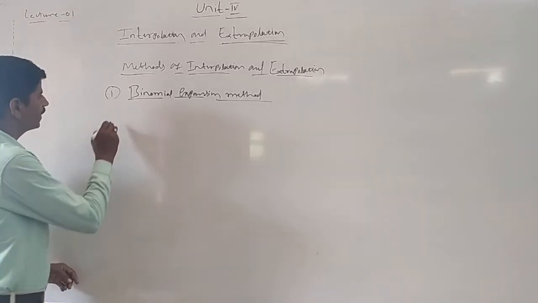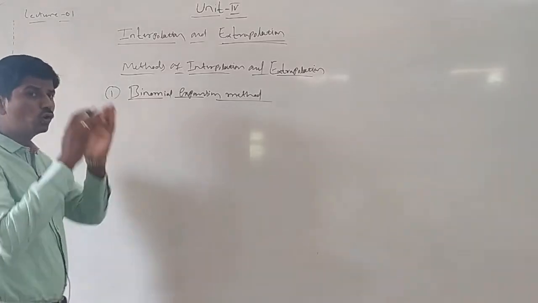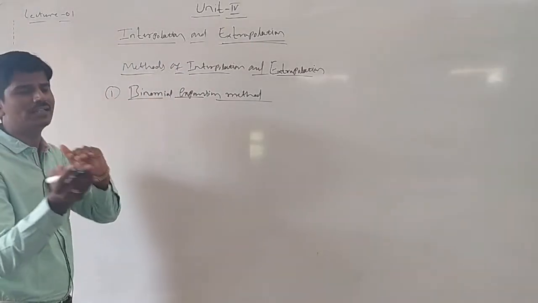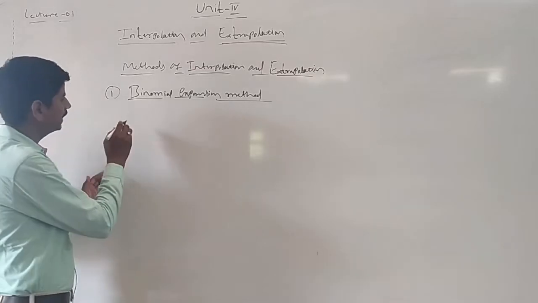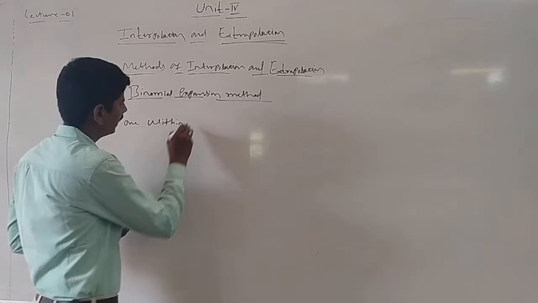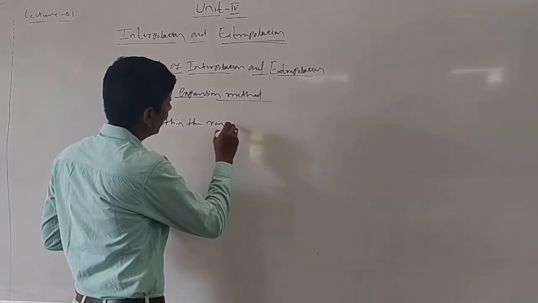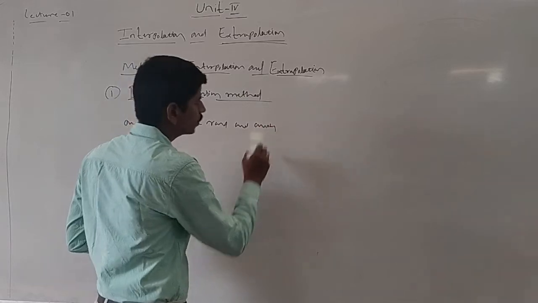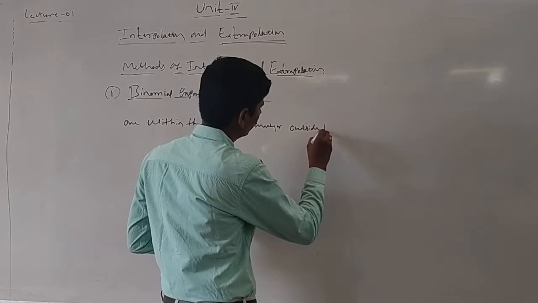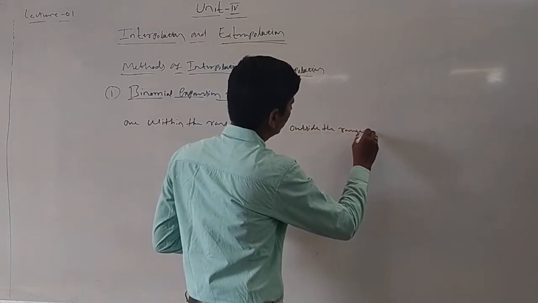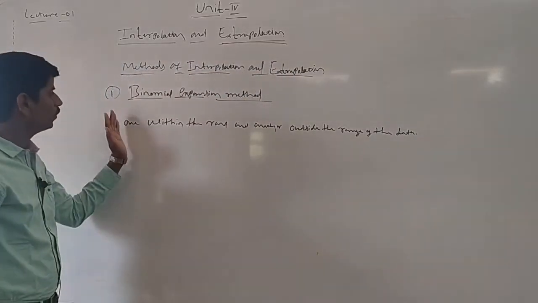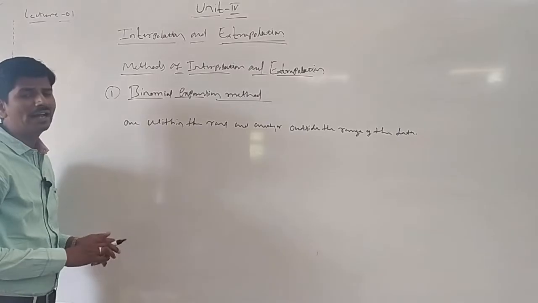Here in second PUC, we can discuss two missing values, or two missing frequencies, one within the range and another outside the range of the data.